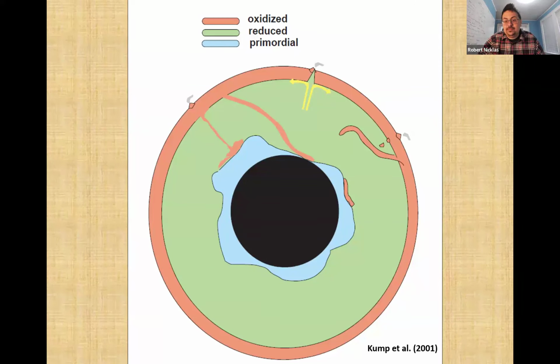But if you don't take that evidence, do you interpret that the primordial ones are more oxidized or more reduced from early until now? I think it's an open question, but I would like to see your perspective on that.